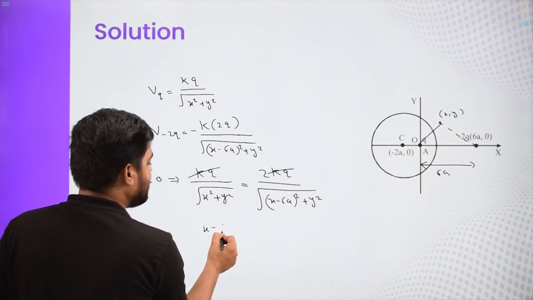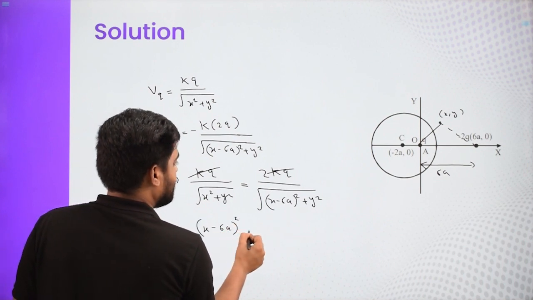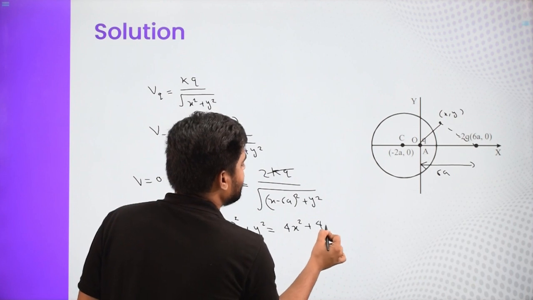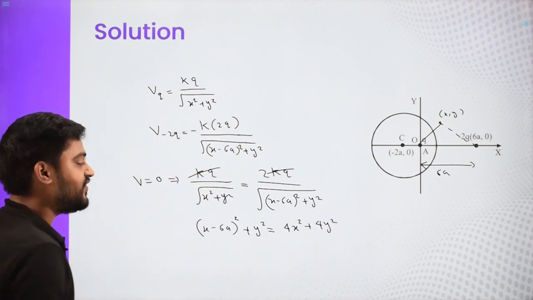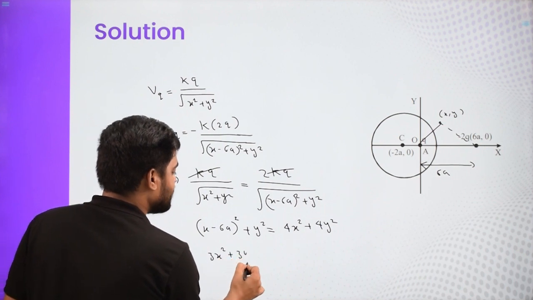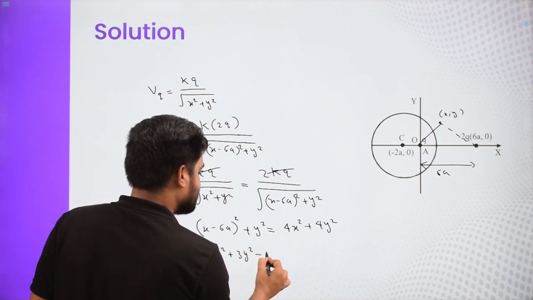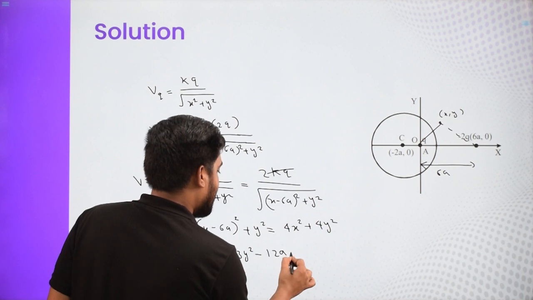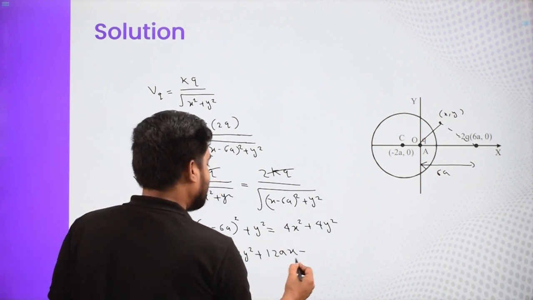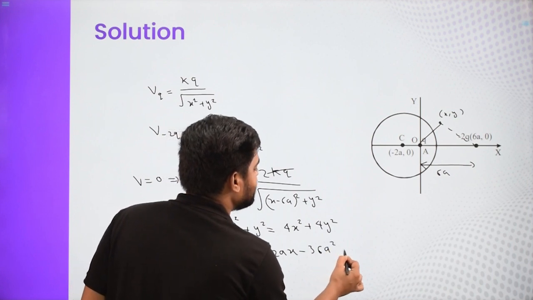So we get (x minus 6a) square plus y square is equal to 4x square plus 4y square. When we simplify this equation, we get 3x square plus 3y square plus 12ax minus 36a square is equal to 0.